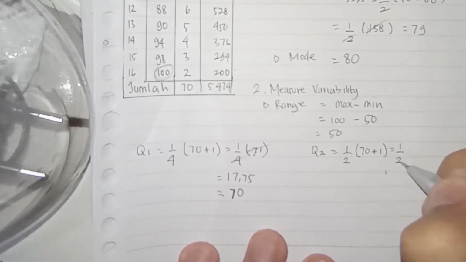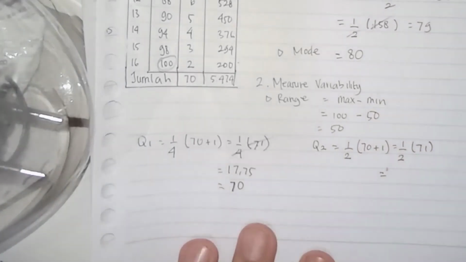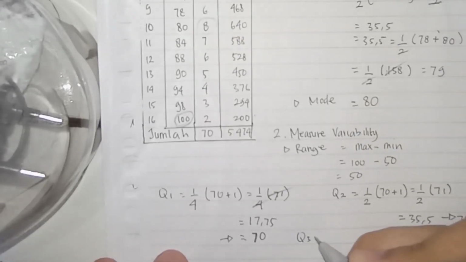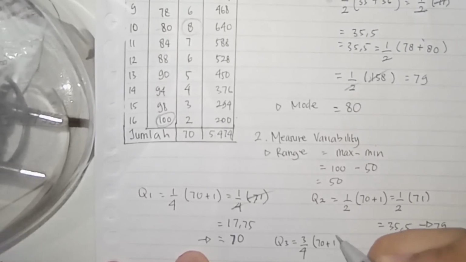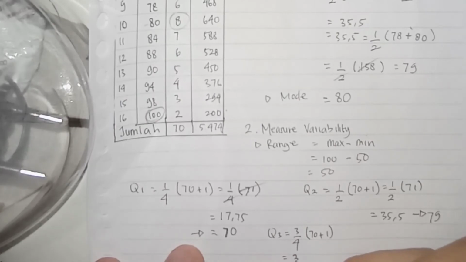Means a half times 71 is equal to 35.5, and look at the column frequency and count the position, and the result is 79. After that, looking for quartile 3, and the formula is 3/4 times 70 plus 1, and the same way.